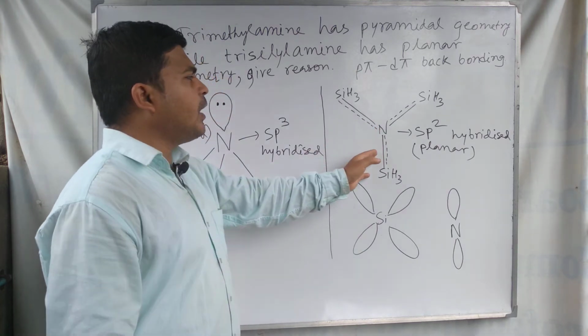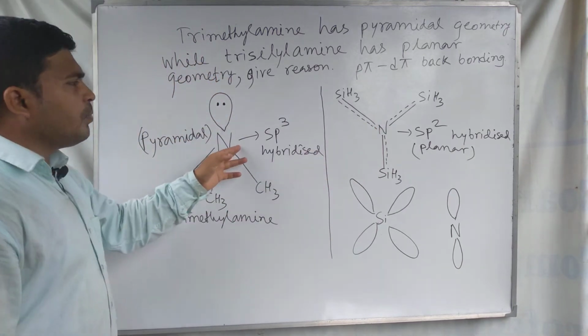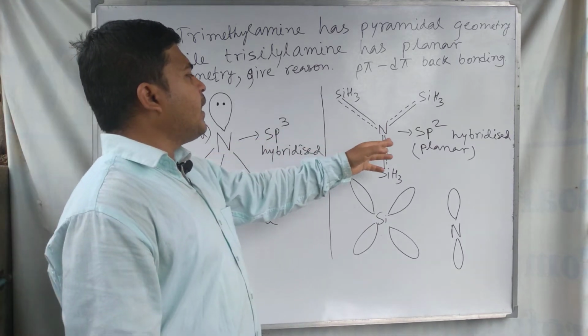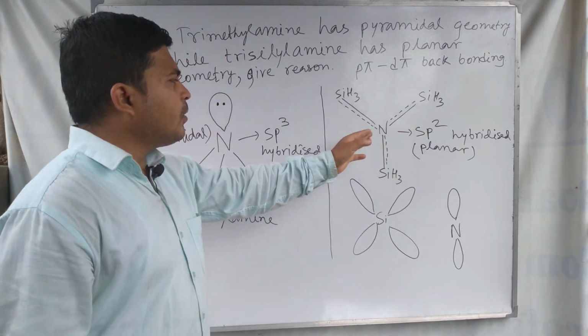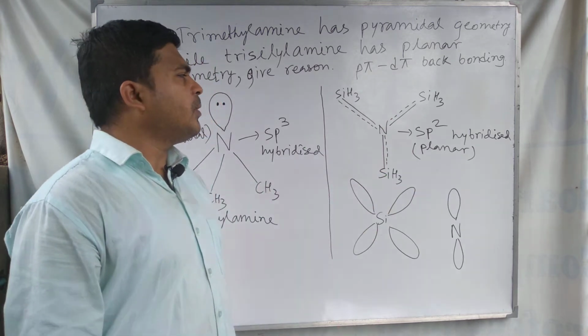Here in trimethylamine the nitrogen atom is sp3 hybridized. In case of trisilylamine, the nitrogen atom is sp2 hybridized.